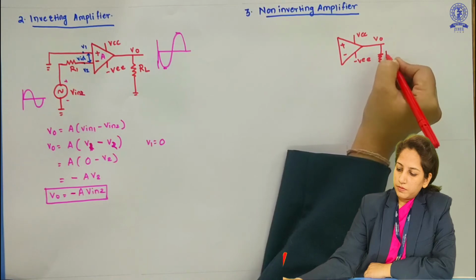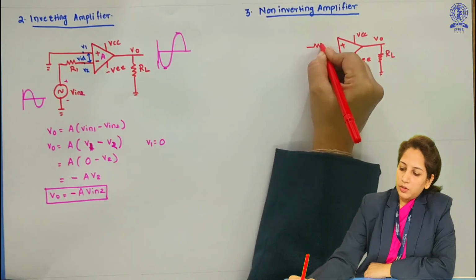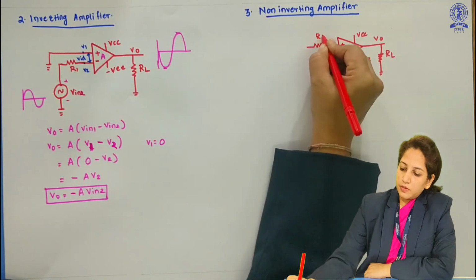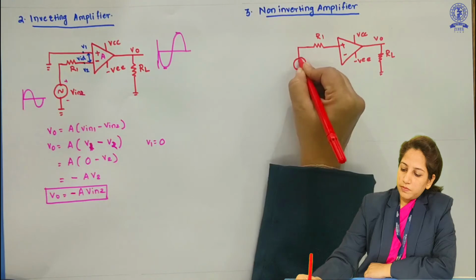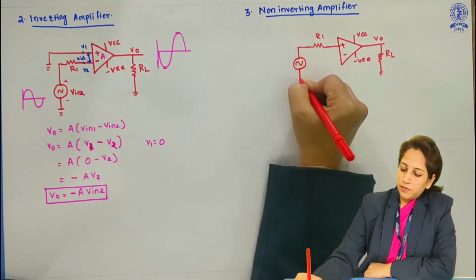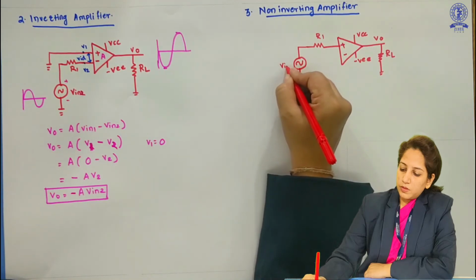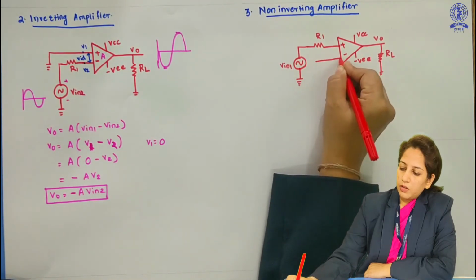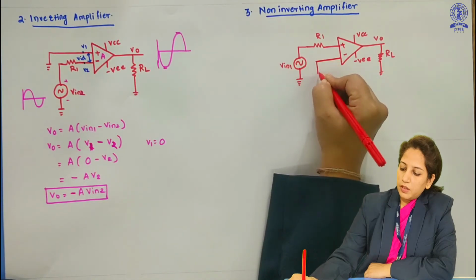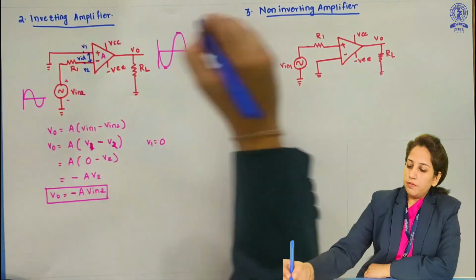Here I will be applying to this R1 resistance, and here the inverting terminal will be grounded. I will not be giving any signal.